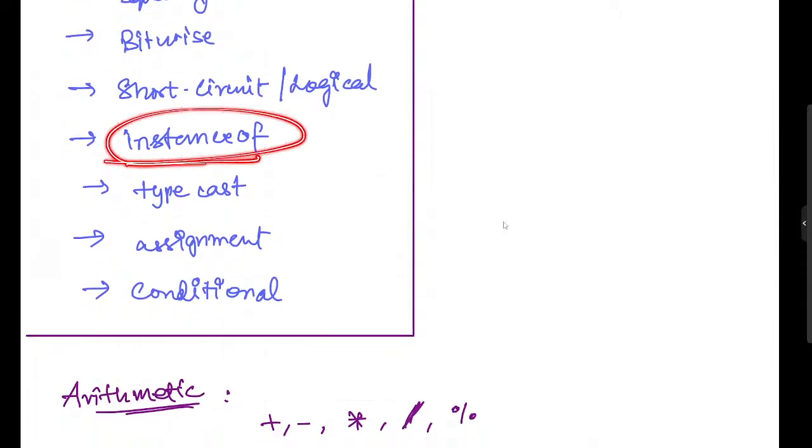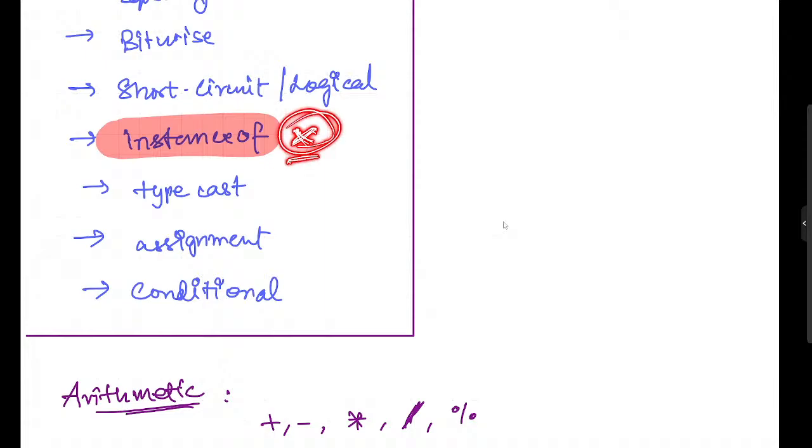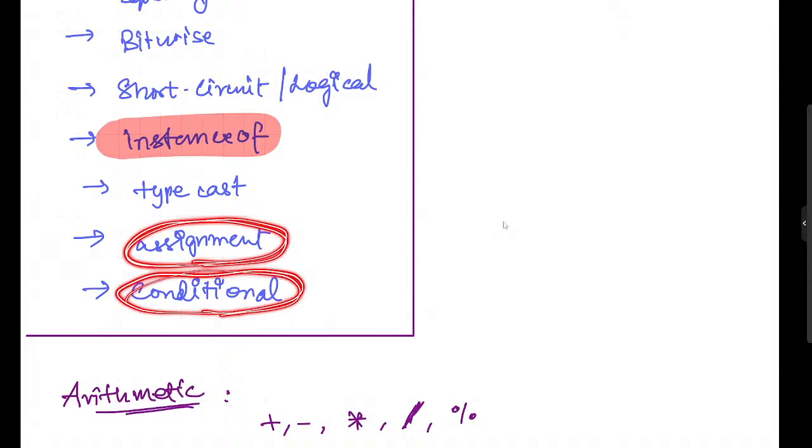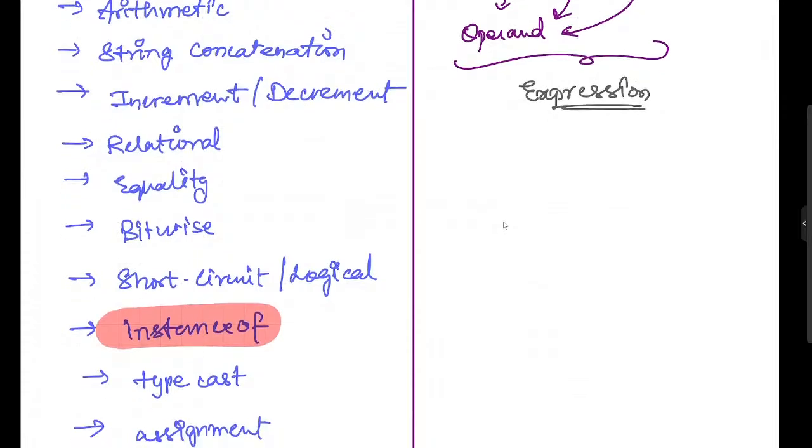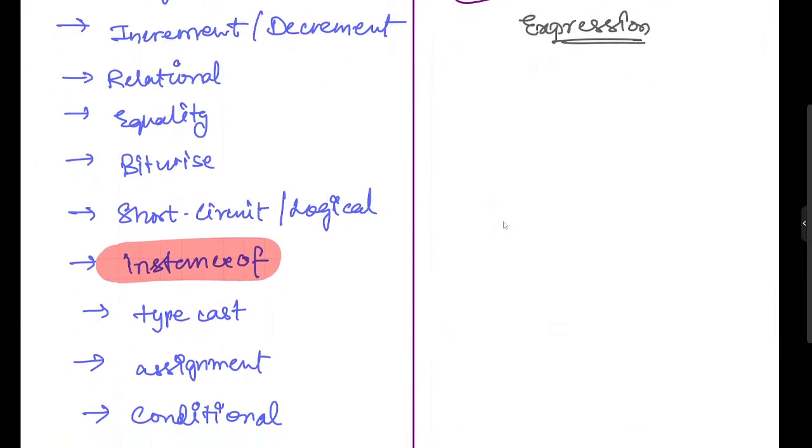Typecasting we will cover later, during object oriented, when we start OOP. It is specifically not an operator, but it comes under the realm of operators. And then we have assignment operators and then conditional operators.